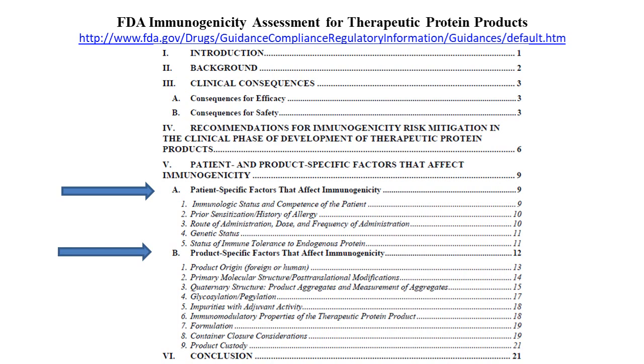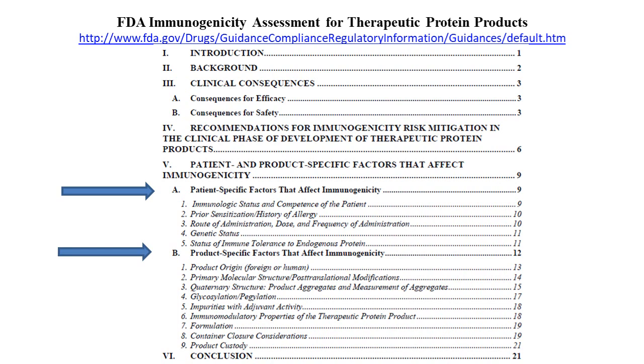But the problem is if your drug is an endogenous protein and now the patient has mounted an immune response to it. So you're giving insulin, the patient reacts with an immune response to that insulin that you're giving. You can stop the treatment, but maybe the immune response is now reacting to the patient's own insulin. This can happen with many different kinds of proteins. So it is important to understand the status of that immune tolerance to the endogenous protein.